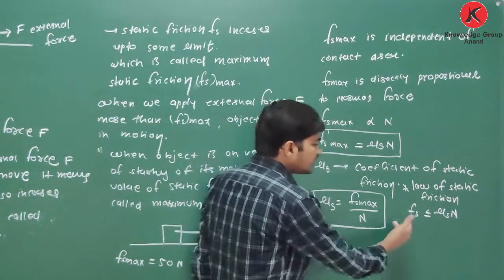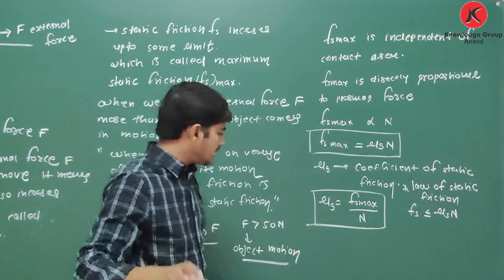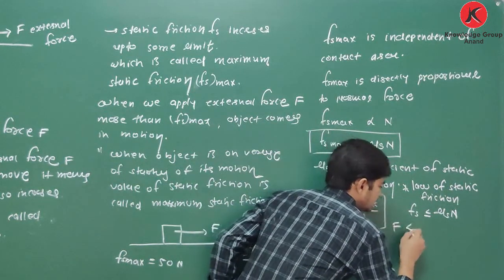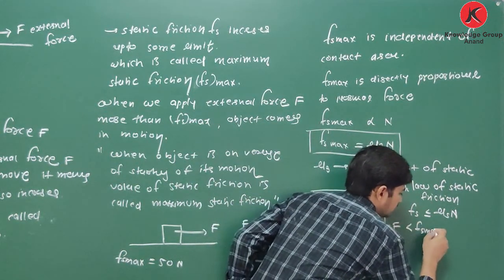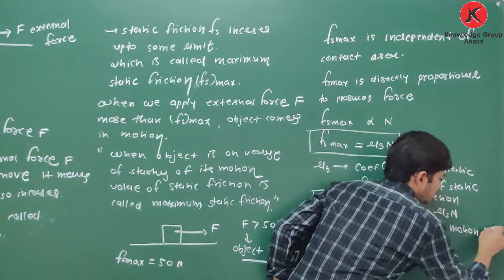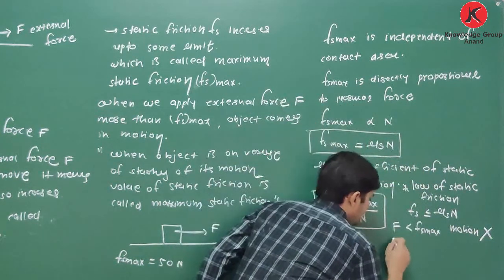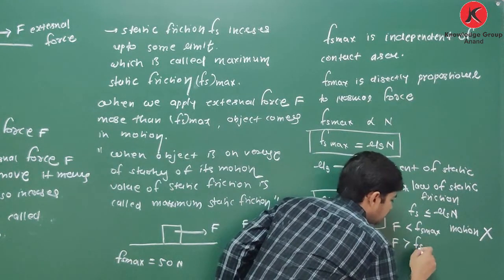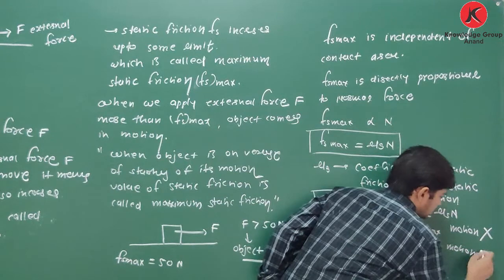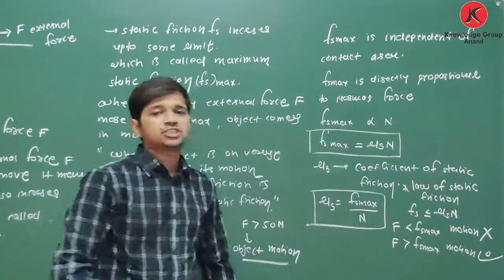Okay, and what is the meaning of this equation? See, if external force is less than Fs maximum, the object will not be in motion. But if external force F is greater than Fs maximum, the object will start its motion.